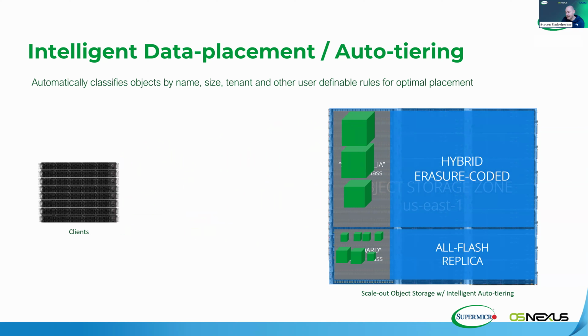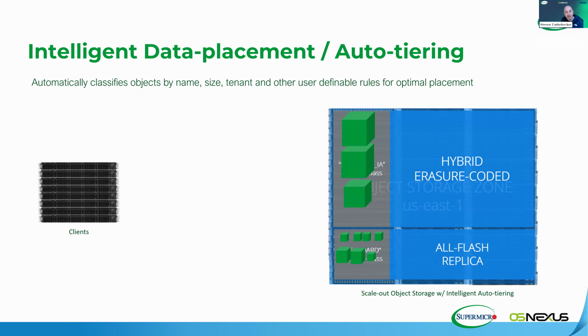So just like Amazon has a standard storage class and a standard IA, you can recreate those storage classes within QuantaStore and then have that data automatically route to the optimal location. And this is all done right through the web UI. You just indicate, like in this case, this would be created with a single rule that says anything that's less than, say, 64 kilobytes, put that into the all flash replica tier rather than the erasure coded hybrid tier.